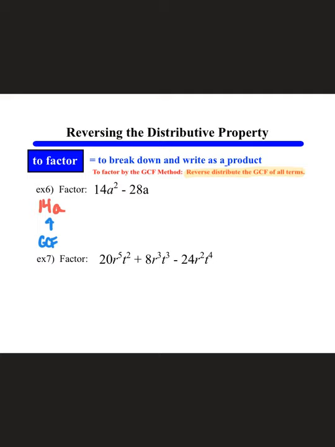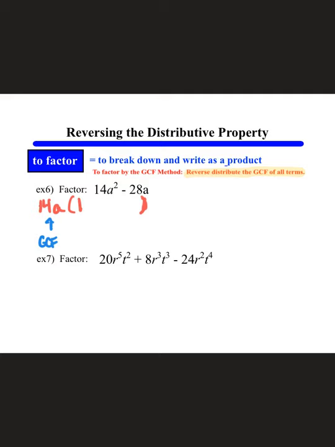The leftover terms end up in parentheses, and we're going to have the same amount of terms as we started with. So if I started with 2 terms here, I should have 2 terms in my leftover factors. The way we do that is we take 14 and divide it by the GCF of 14, which gives me 1.